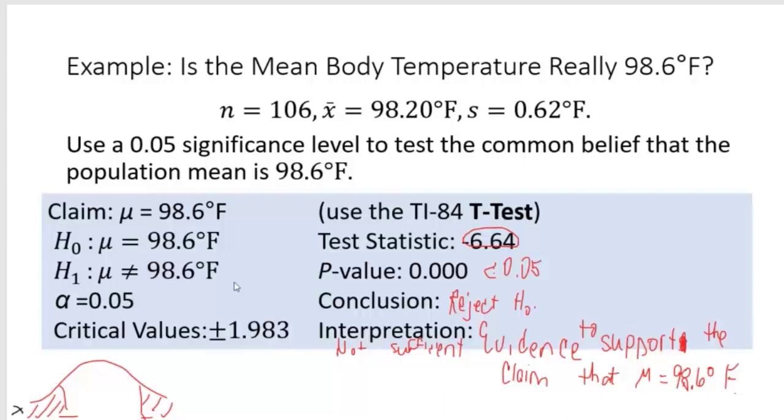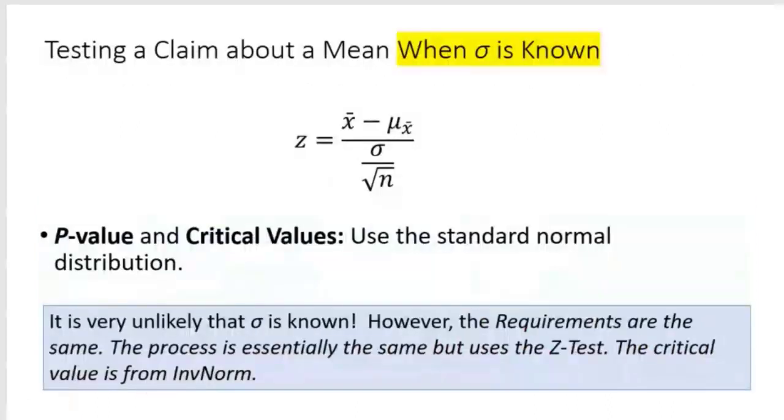Everything we did here was for if you don't know sigma. But what if you do know sigma? I'm not really going to take the time to do examples of this one, because if you do know sigma, then the idea is the same, but you're not dealing with t.